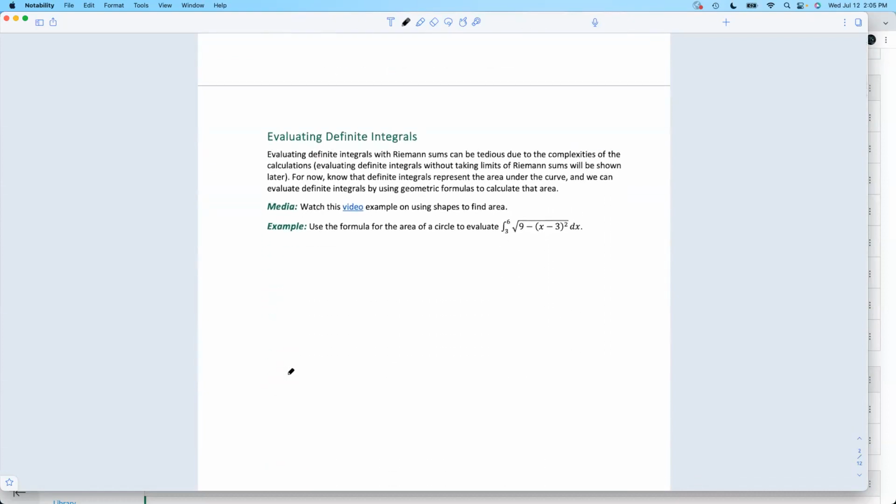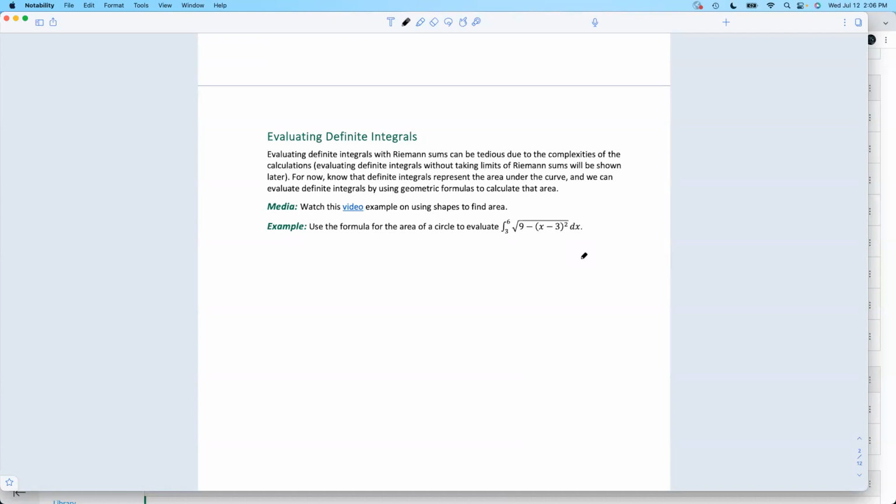So the definite integral of this function here means the area between the graph of that curve and the x-axis. And for everything today that we're going to be doing in these videos, we're just going to use geometry to find all of those areas.